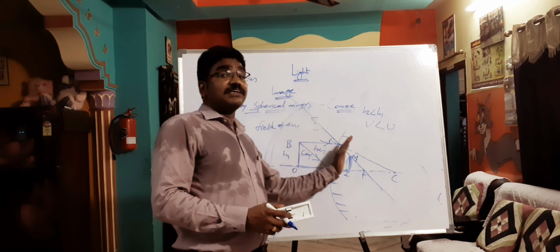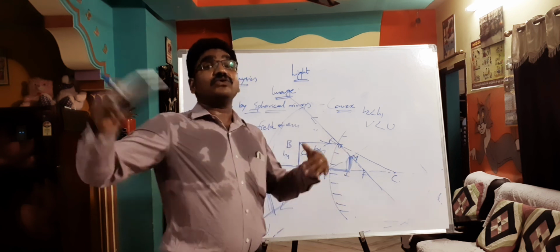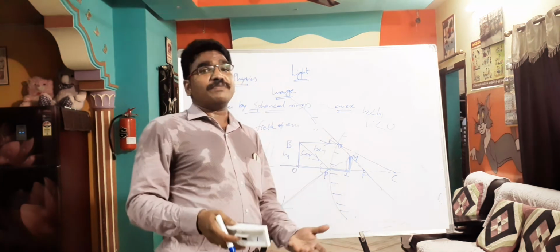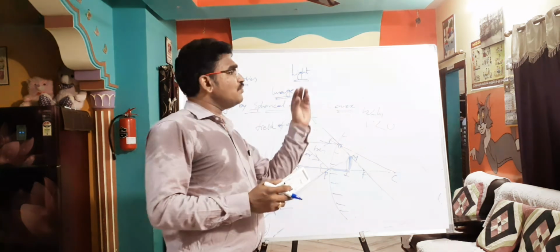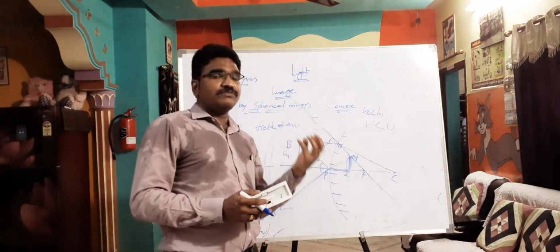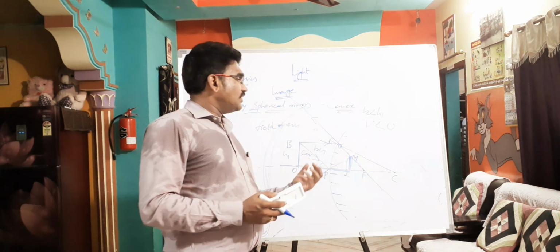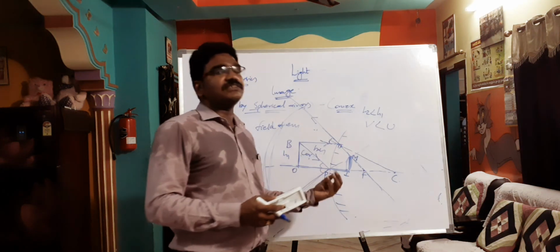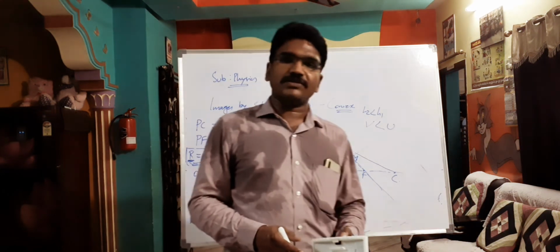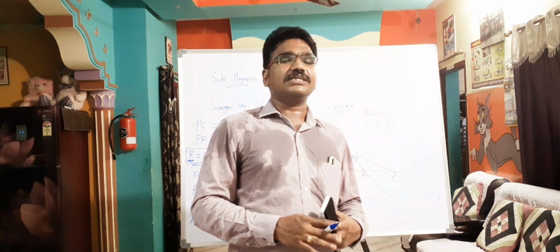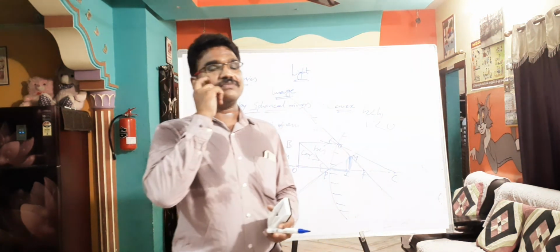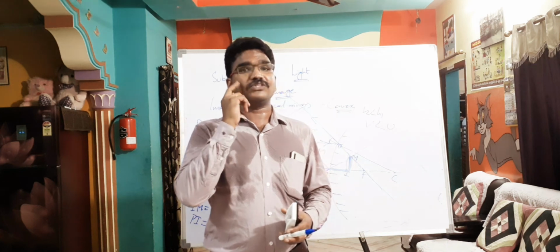Image size is equal to object size, so the mirror will be occupied by that object only. So you want the image size less and it should be erect, and also the image distance less than the object distance. So what type of mirror do you choose? Convex mirror you choose. Okay, so that is the benefit you are going to get when you are using concave or convex mirrors. Thank you.